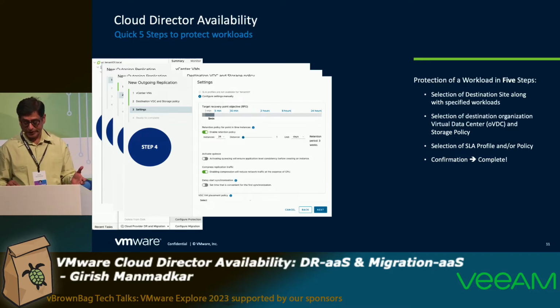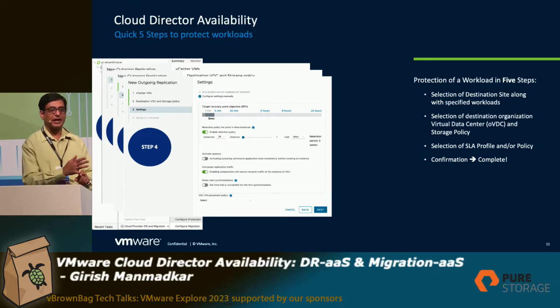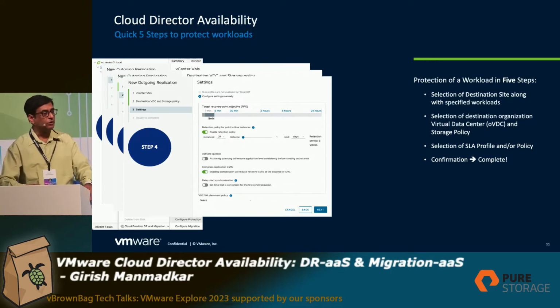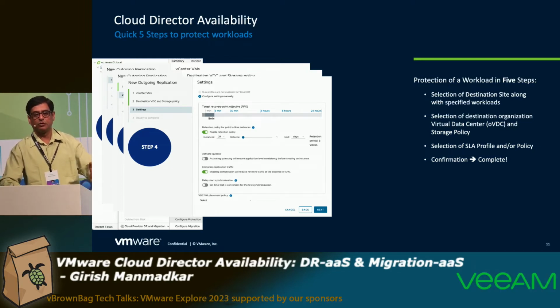From your virtual data center to your storage policies, and also variations of your SLAs that you can define, like whether it's a platinum, gold, or silver type of SLAs that you have, for example, right? And after that, you are done. So very, very simple. Once you deploy those appliances and configure them, you can define these workflows very quickly to protect your workloads.